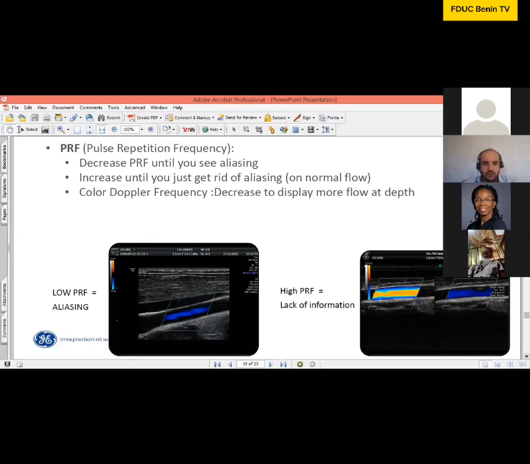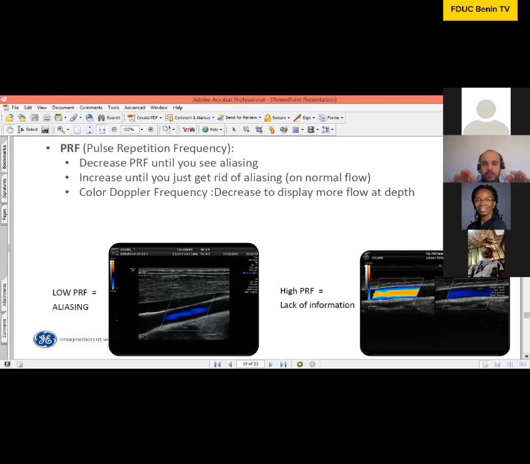And so what you have to do, and it's really always my advice here, is to decrease the PRF until you see the aliasing appearing, and then you increase it until you just get rid of the aliasing. So we decrease the PRF as low as possible. Here you will start to see a lot of aliasing, and then you start to increase step by step.